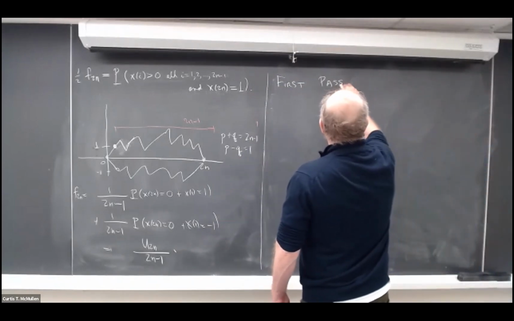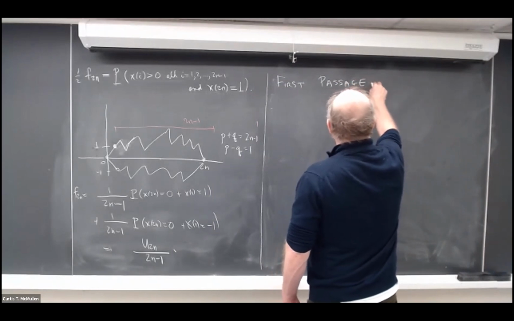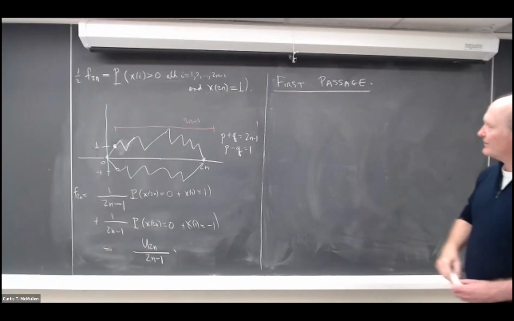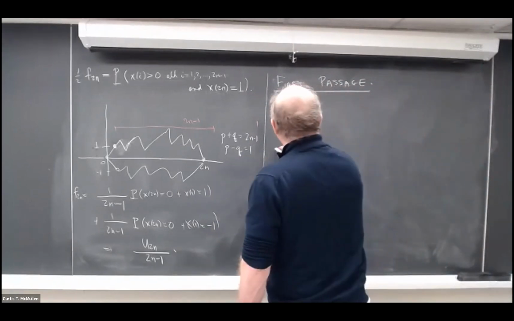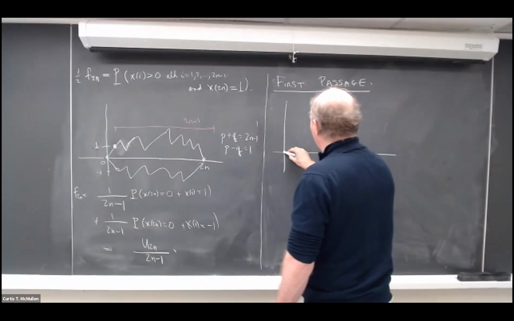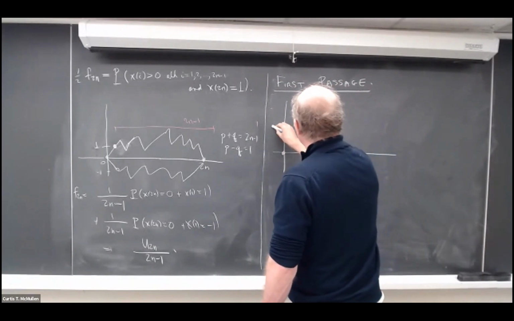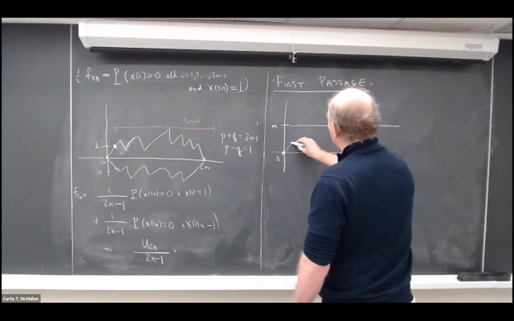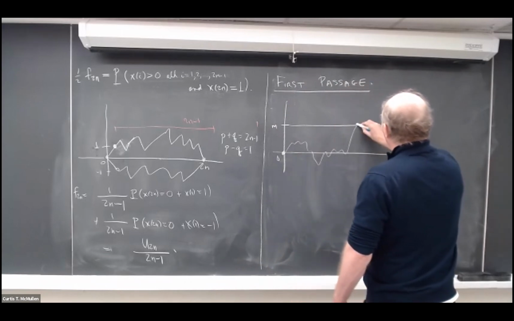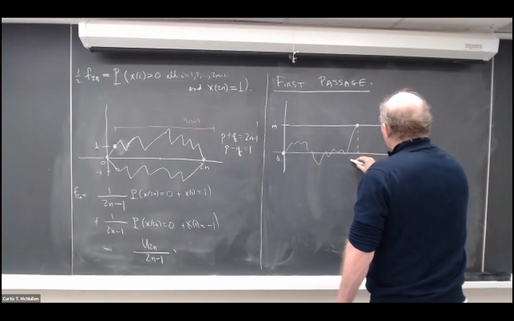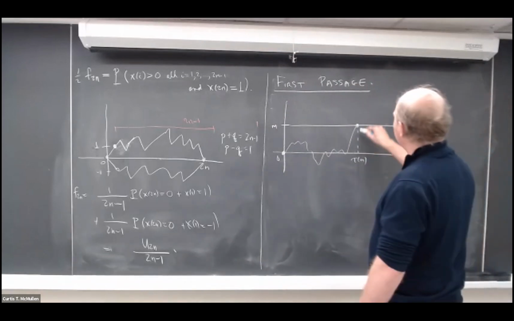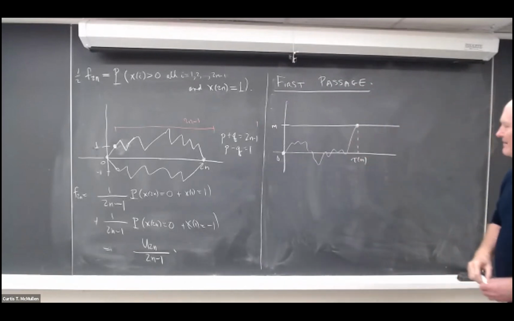Okay, so the final thing I want to talk about, which is extremely natural, is the issue of first passage. And I drew this at the very beginning of this class. So we pick a point m, and we start our random walk. And then there's a very natural random variable, which is the time, T of m, when the random walk first hits the line x is equal to m.